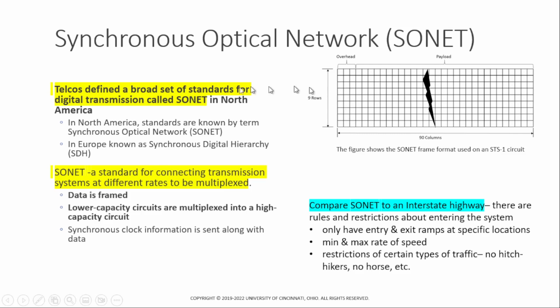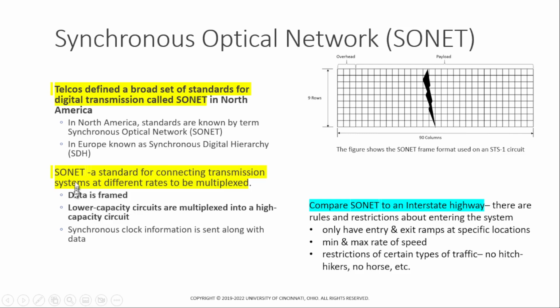So the last system that we use in order to get it through the backbone of the internet is called synchronous optical network, or SONET. And SONET is just a standard that is used to connect transmission systems that use different rates of speed.